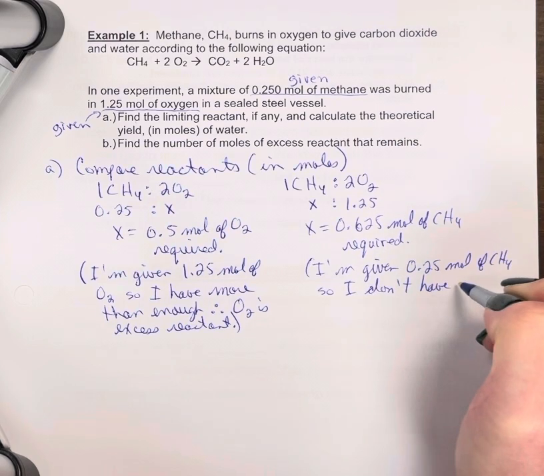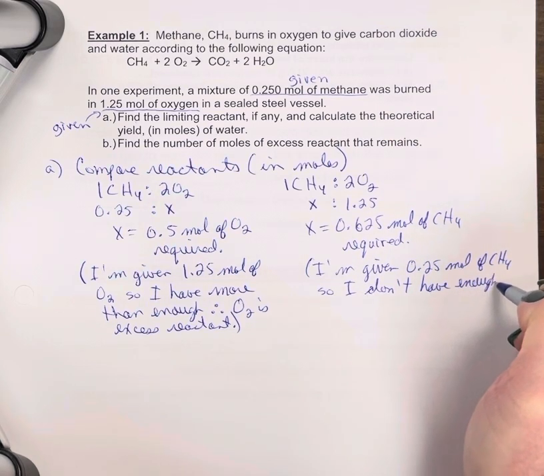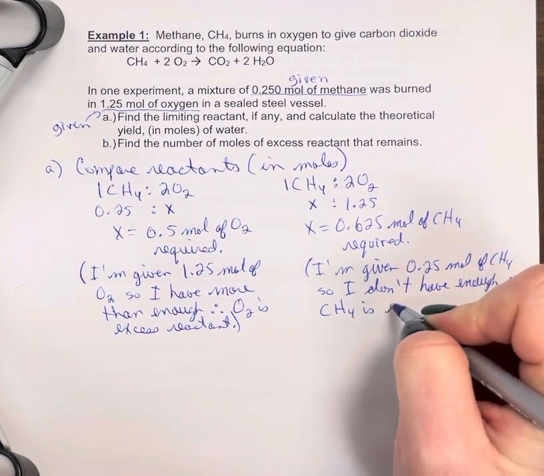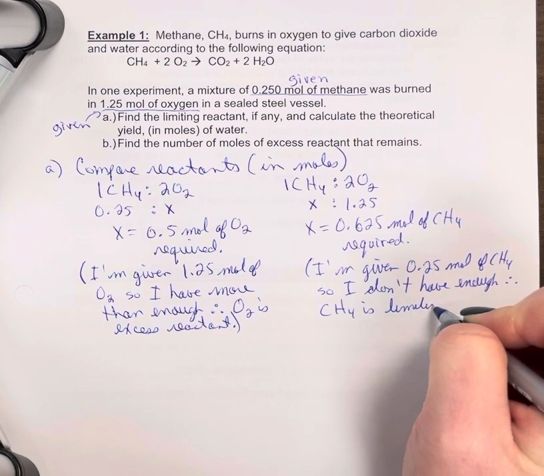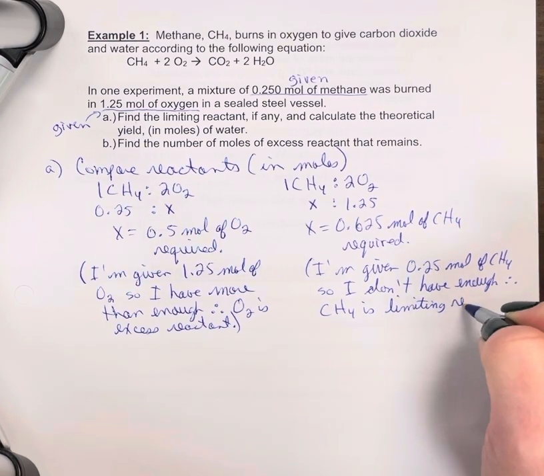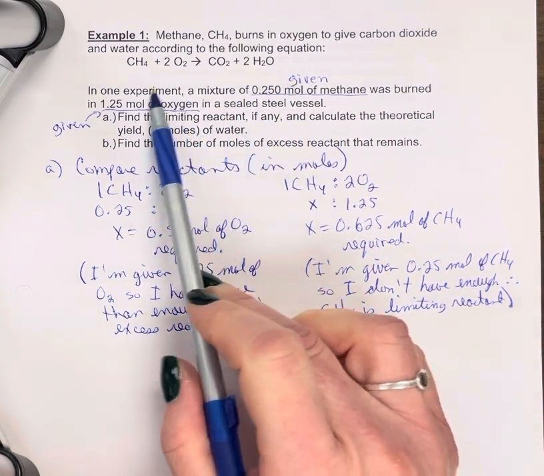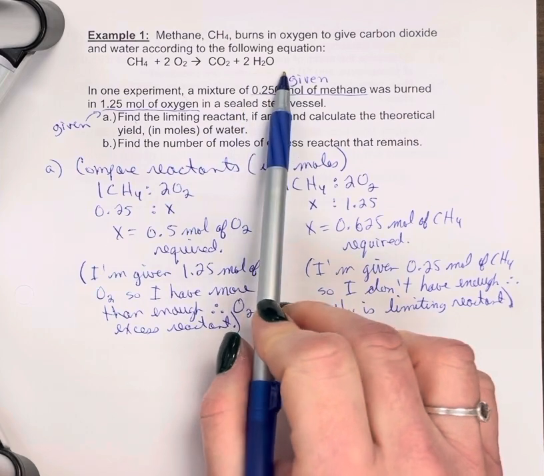Therefore, CH4 is limiting reactant, because I run out. I only have 0.25 moles. Once that's gone, even though I have excess oxygen, this reaction will not proceed.